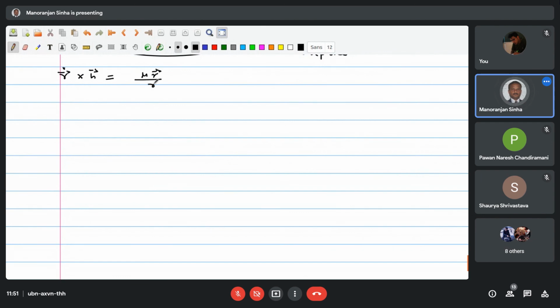Mu r by r plus b. This is the equation that we have derived.